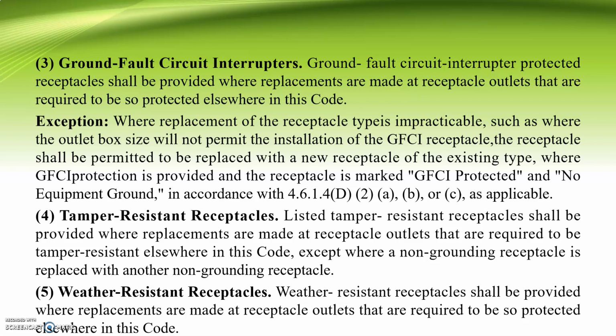Exception: where replacement of the receptacle type is impracticable, such as where the outlet box size will not permit the installation of the GFCI receptacle, the receptacle shall be permitted to be replaced with a new receptacle of the existing type, where GFCI protection is provided and the receptacle is marked GFCI protected and no equipment ground, in accordance with Chapter 4.6.1.4 D2A, B, or C as applicable.